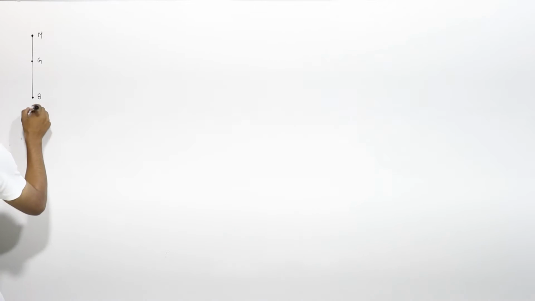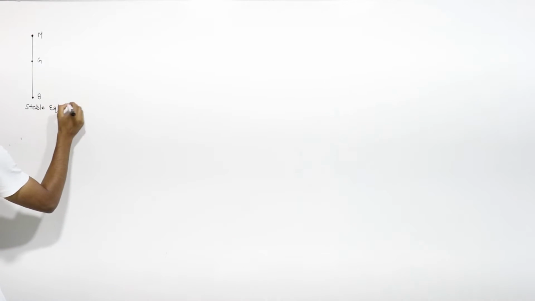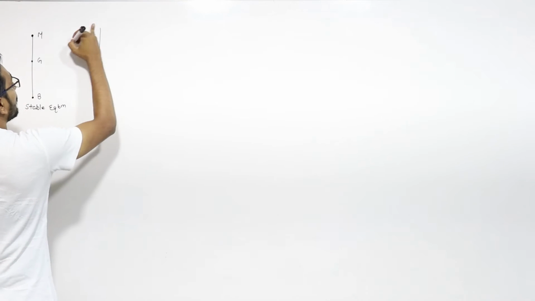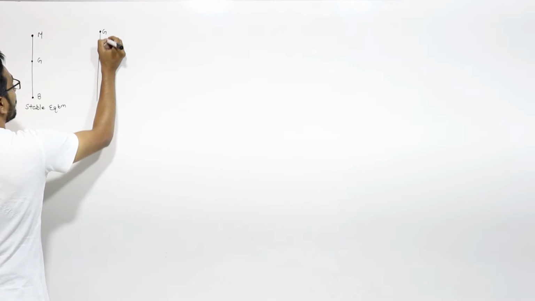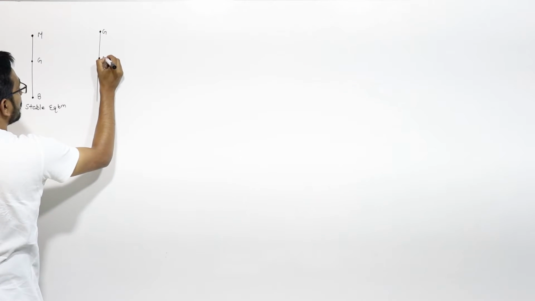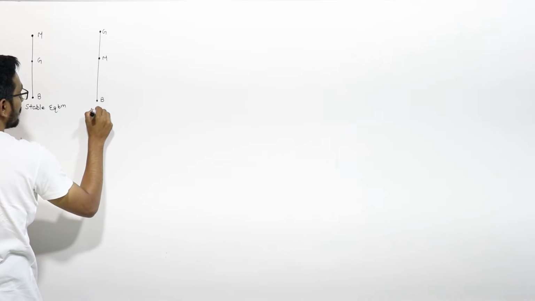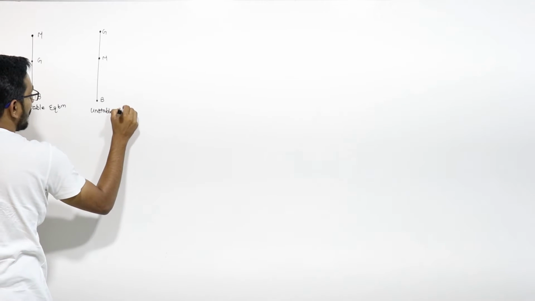This is for stable equilibrium. And for unstable equilibrium, the center of gravity is in between the metacenter and center of buoyancy. This is unstable equilibrium.